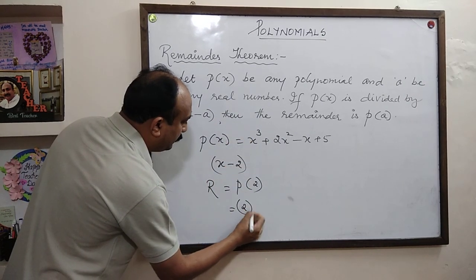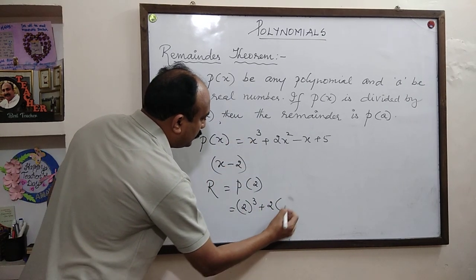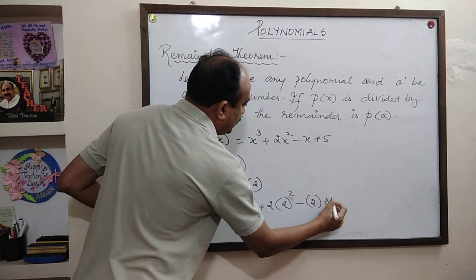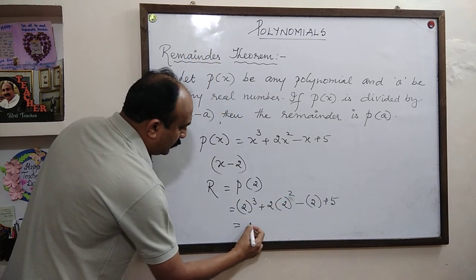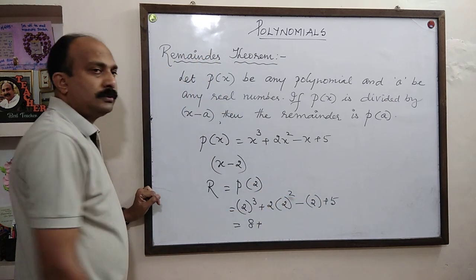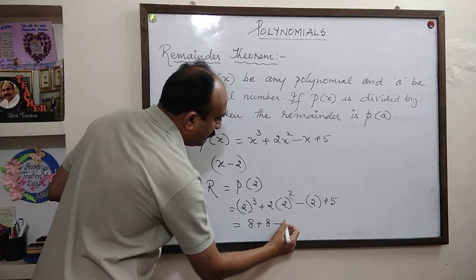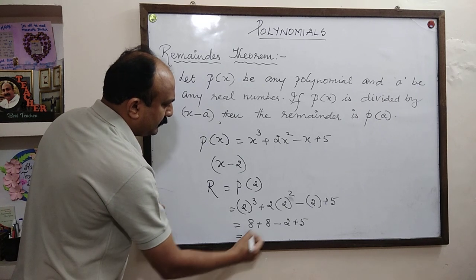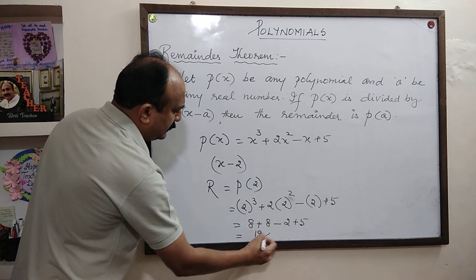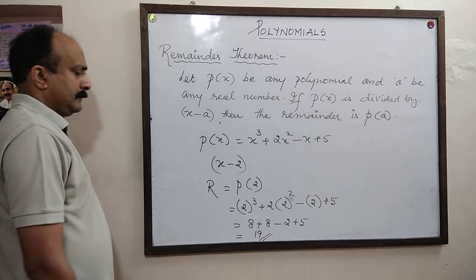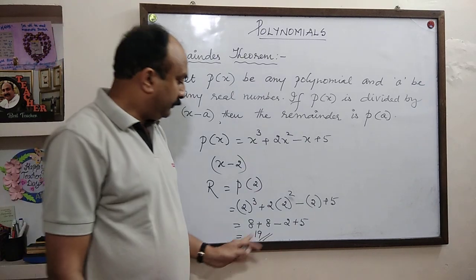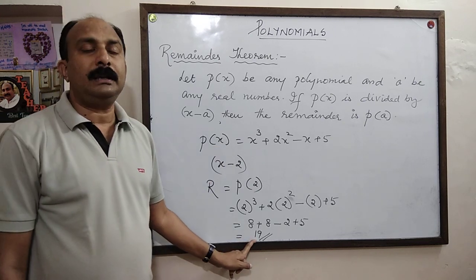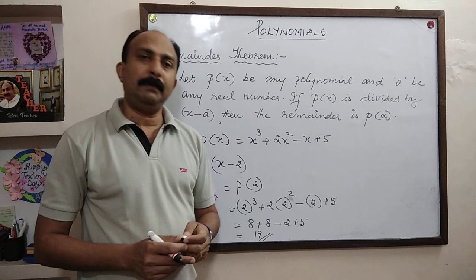So 2 the whole cube plus 2 into 2 square minus 2 plus 5. 2 cube is 8, 2 square is 4, into 2 is 8, minus 2 plus 5. So without actual division, we got the remainder directly. This is the use of remainder theorem.